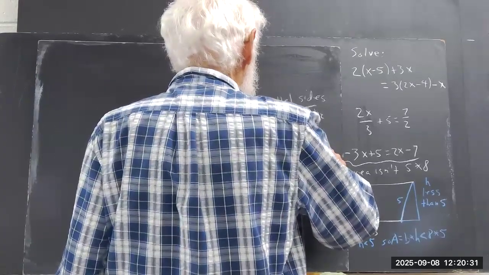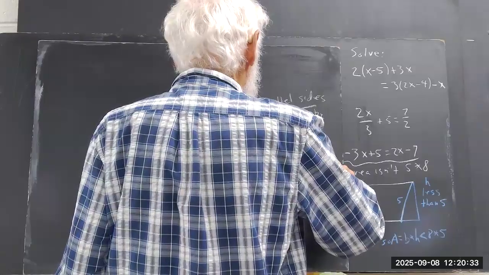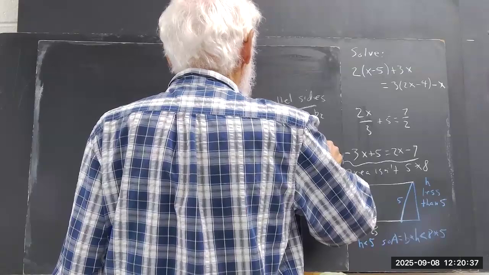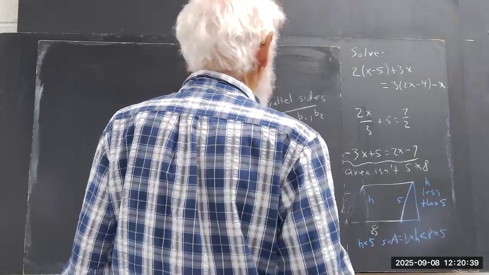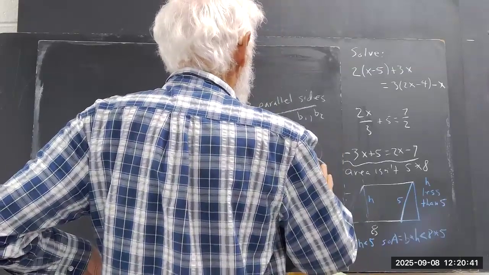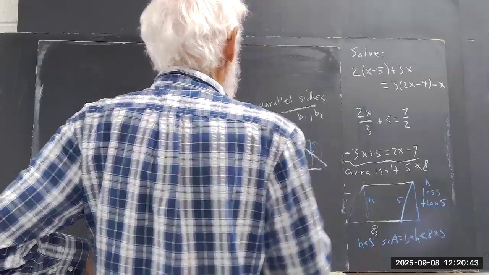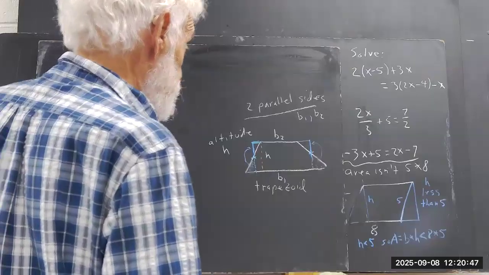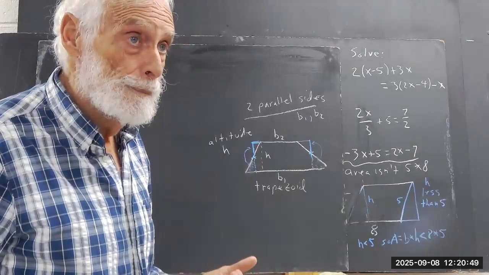And you can do the same thing with this one. Cut them off. Paste it up here. Look what you've got. You've got a rectangle. Okay.